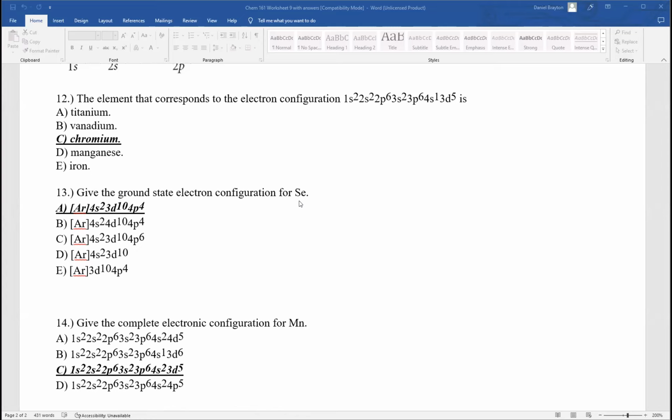13 is doing the opposite. So you'd go to the periodic table, find selenium. It's right below sulfur, which is right below oxygen. So it's got to have the p4, which would eliminate answers C and D. Then what's the difference between these? You need to make sure you're in the right row. Argon is the core, and then you would just move across.